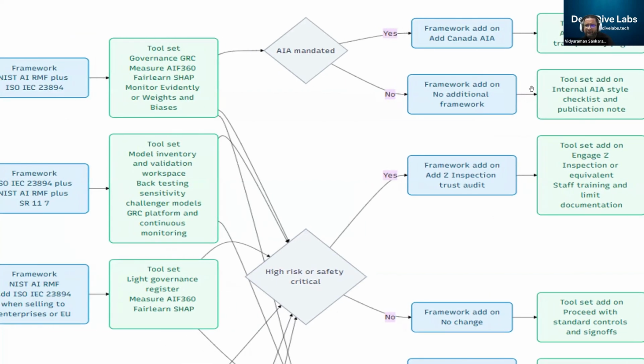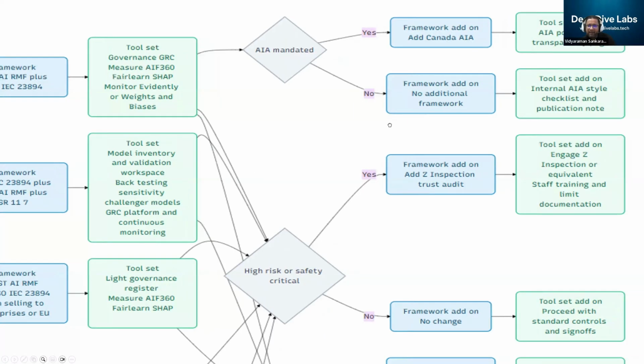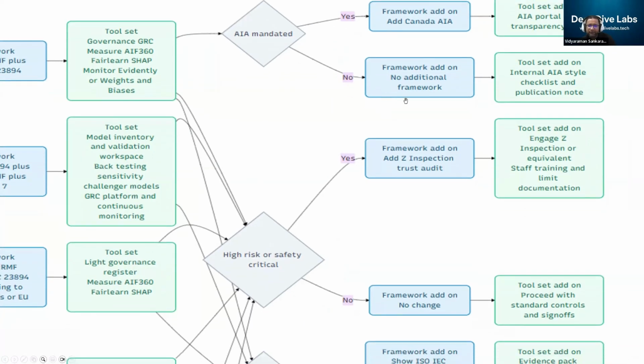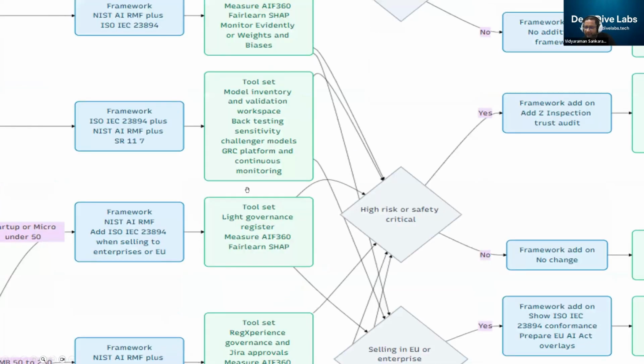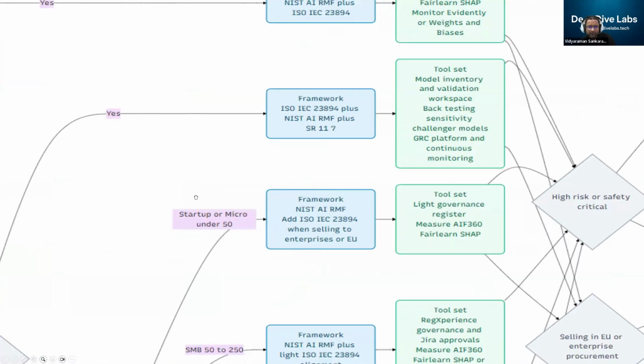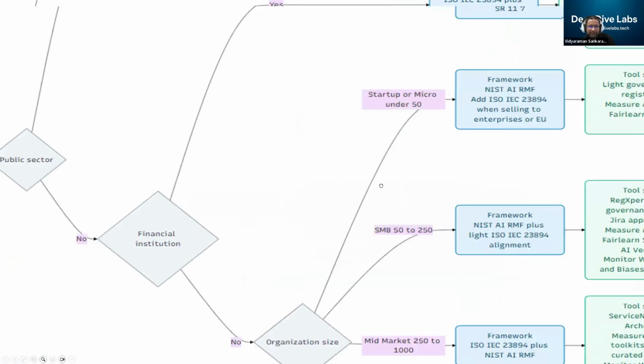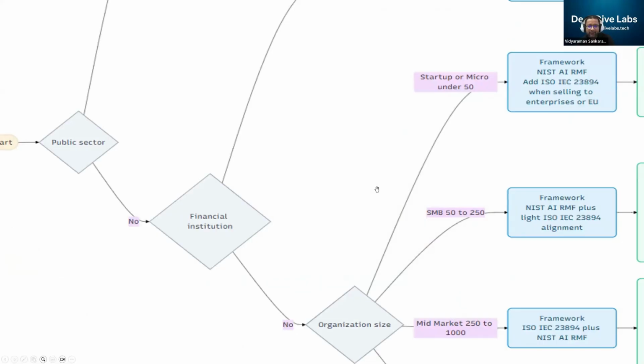And finally, of course, you can do the toolset add-on of the AIA portal or some sort of a transparency page as well. And if it is not mandated, it really depends. You can choose not to have it and just go ahead and have it as an internal checklist if you would so wish to. So this is the overall structure of how the decisions can be taken in terms of what kind of framework to use and when to use them as well.